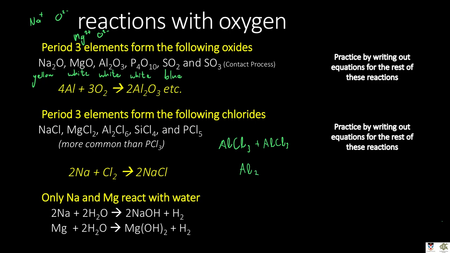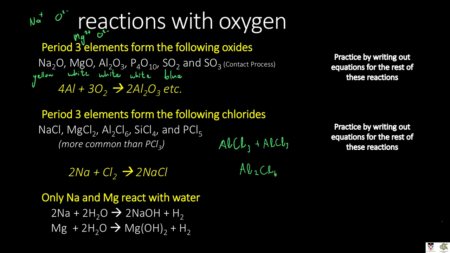So it will be Al2Cl6. It should look familiar. We looked at the structure of Al2Cl6 in quite a lot of detail when we did structure and bonding, and it's important that you practise drawing that dot and cross diagram showing the dative covalent bonds and the normal covalent bonds.